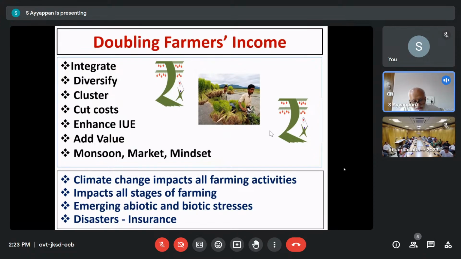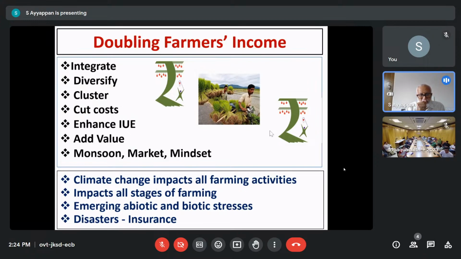We have been talking of doubling farmers' income. That's where we are talking integration, diversification, clustering, and the input use efficiency. In aquaculture, for example, we provide the seed, the feed, the fertilizer, the water, and so on. So that's where we need to work on the input use efficiencies. There's a lot of basic research that's required, adding value.